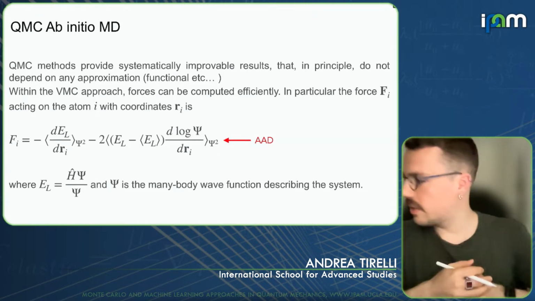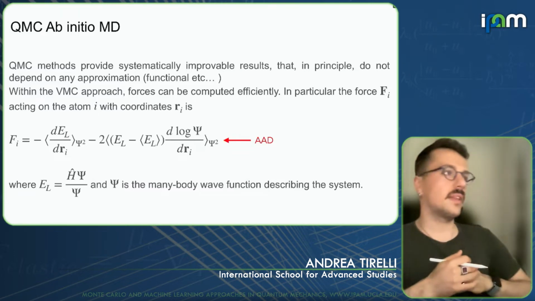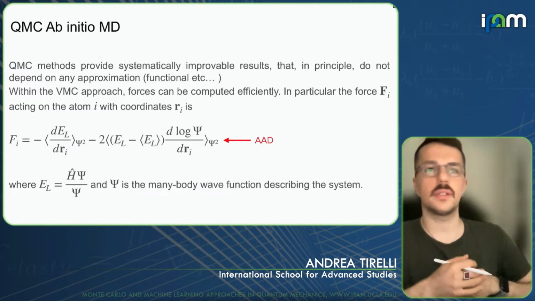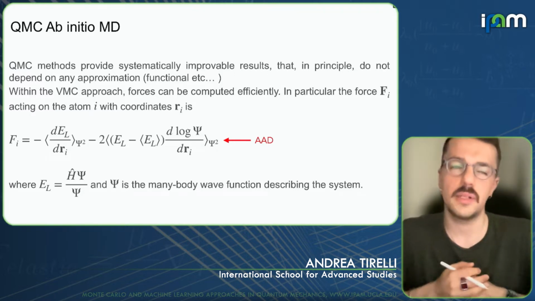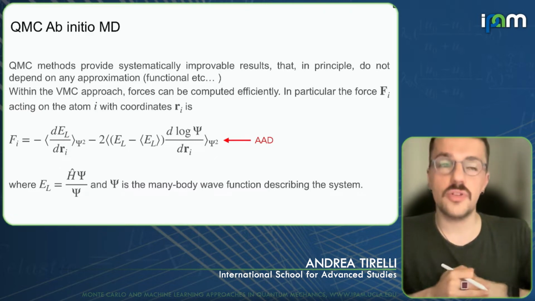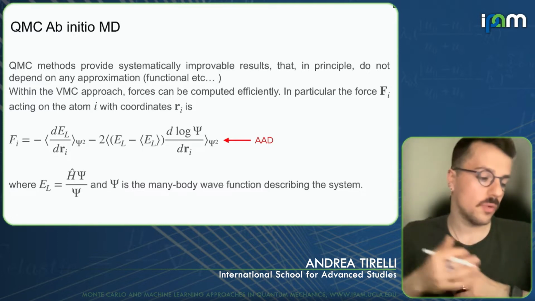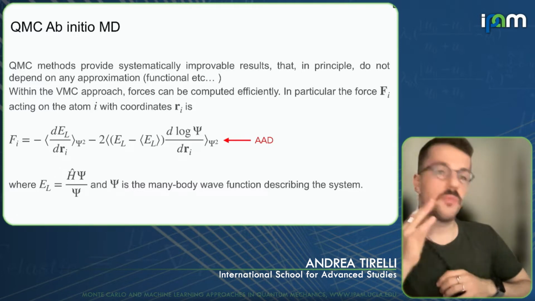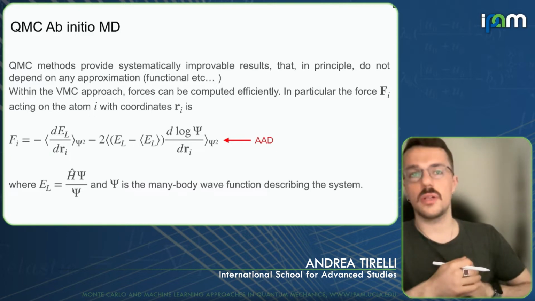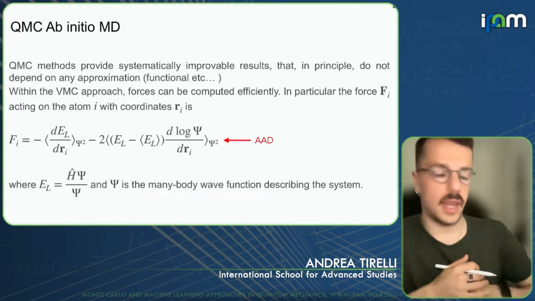And also within the variational framework, we have the possibility of computing forces, which are a very important observable for molecular dynamics, with adjoint algorithmic differentiation, and so in a very efficient way. One can prove that computing forces only takes up to 4 times the computational cost of computing energy. So we have a good scaling.